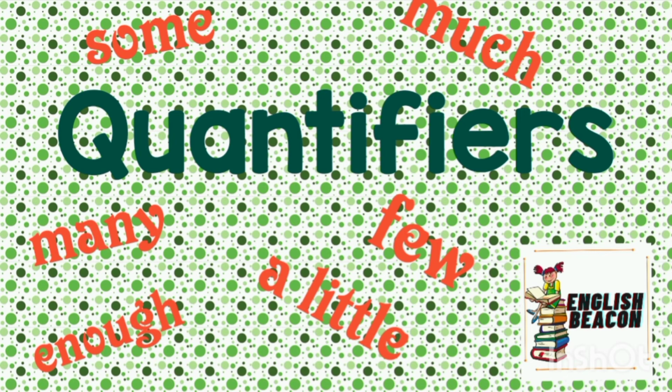Questions are often asked regarding these two quantifiers in particular. So remember, few is for countable nouns, a small number of, and little or less is used for uncountable nouns.